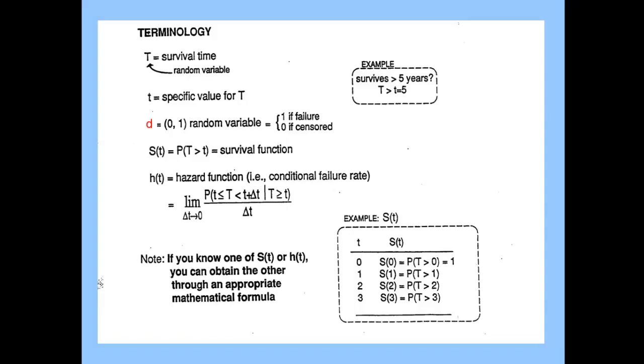Well, what we're talking about is a failure rate at time t, often referred to as an instantaneous failure rate. It's like what happens at time t. What's the likelihood that somebody's going to fail instantly at time t?